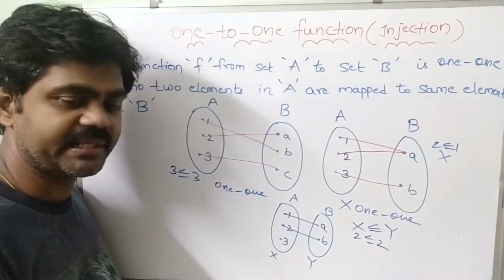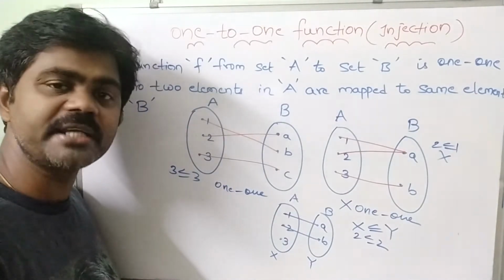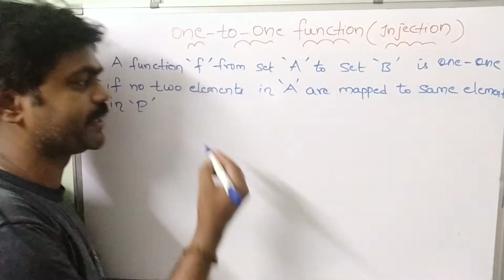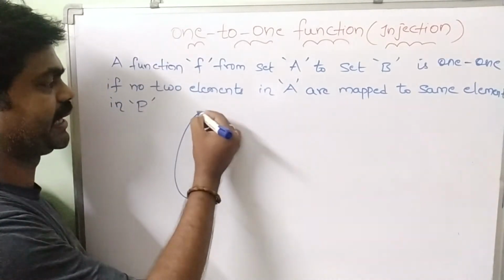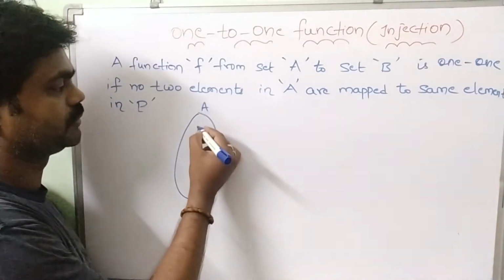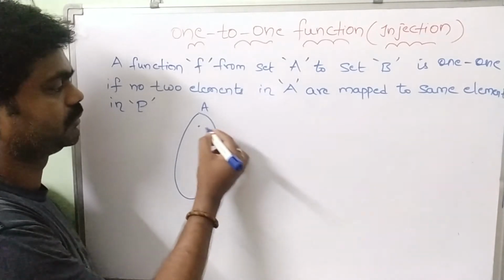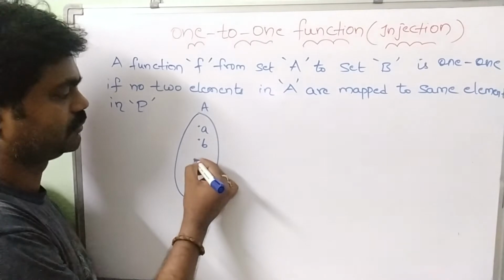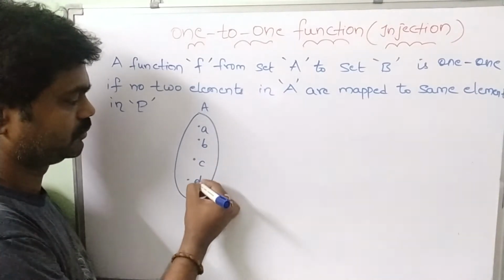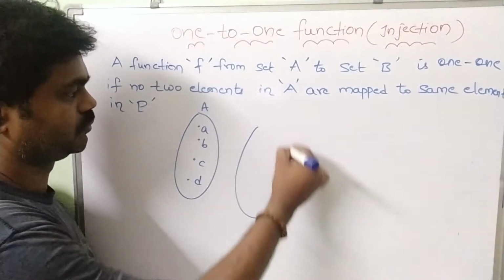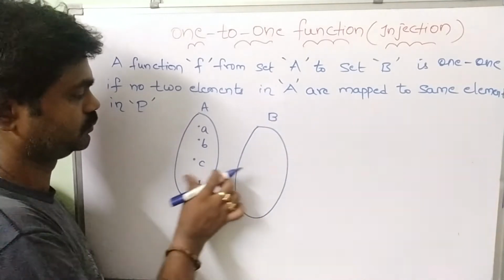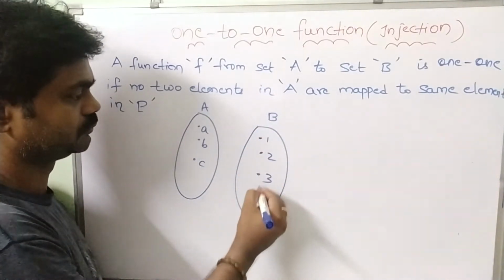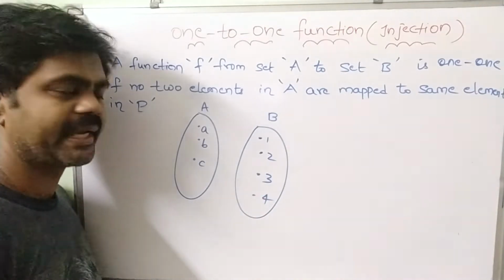So what are the different choices we get? Let us assume that here I have a, b, c and 1, 2, 3, 4.